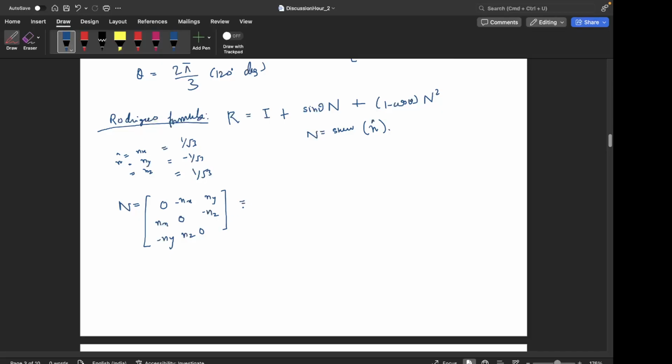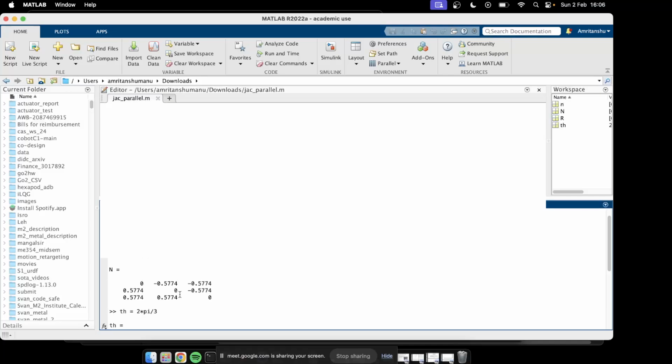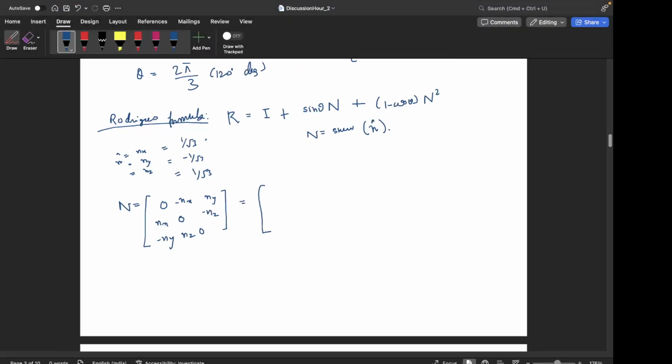Okay, so in this case, the n matrix would be, and 1 by root 3 is 0.5774, minus 0.5774, 0.